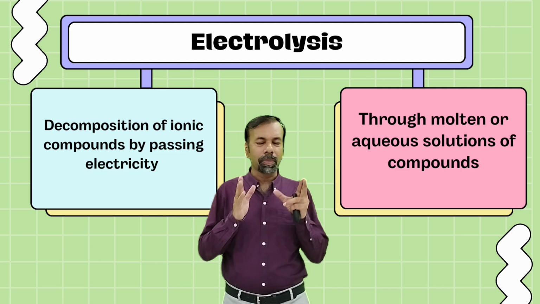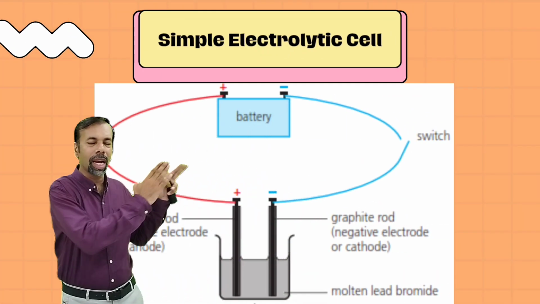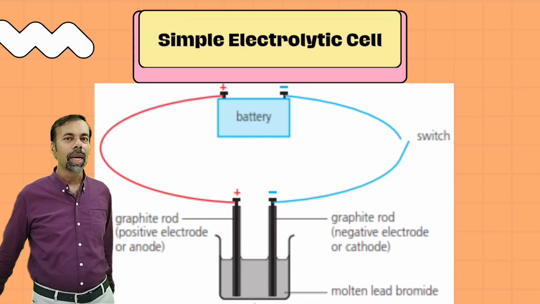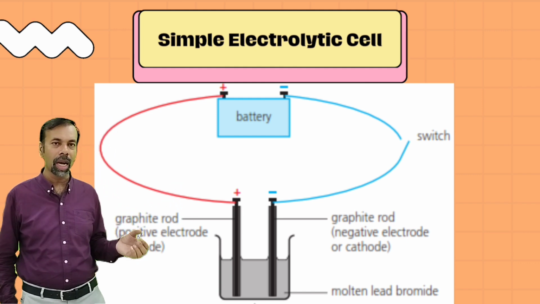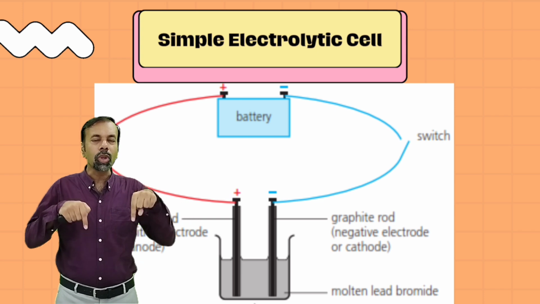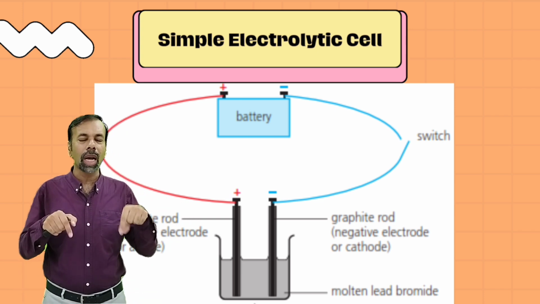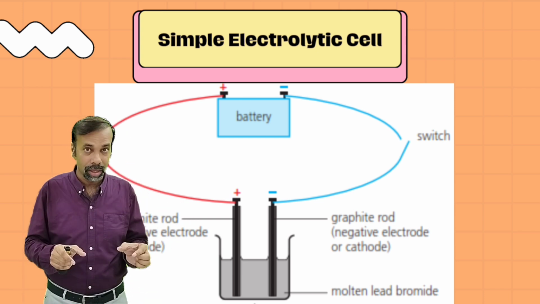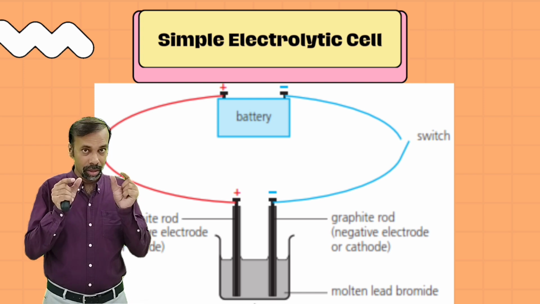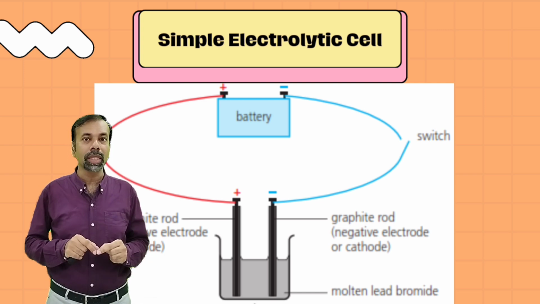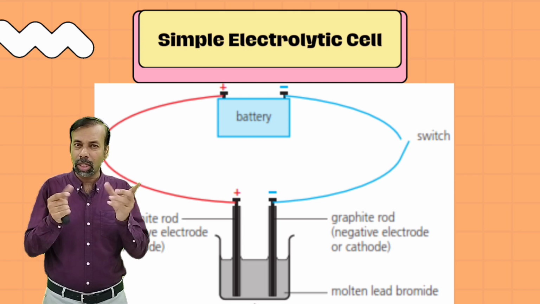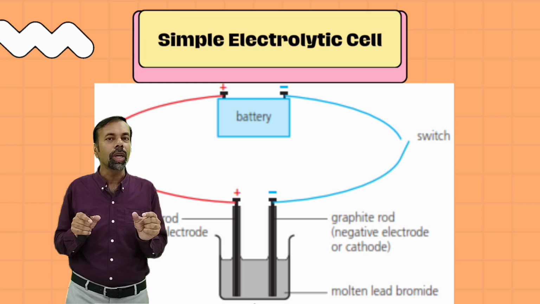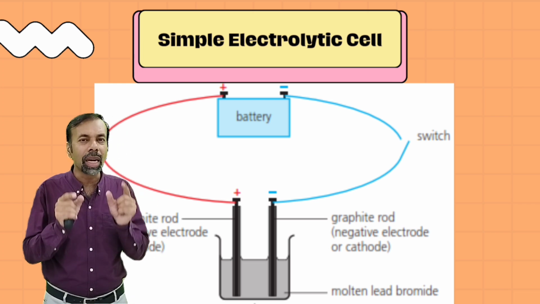How do we perform electrolysis? Have a look at a simple cell. For electrolysis, we need a simple electrolytic cell in which two rods are dipped. Most of the time, these rods are of graphite because graphite is, number one, a good conductor of electricity. Number two, graphite is easily available, it is cheap, and also it is an inert substance.